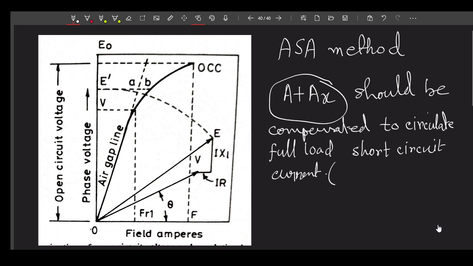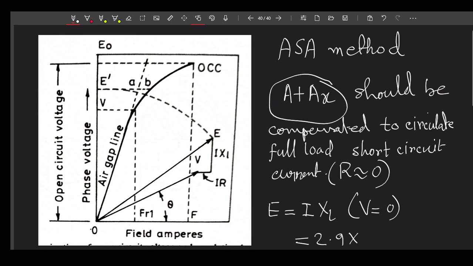So here what we are assuming. So what is the value of E during short circuit? This is the scenario. So what it will become 2.9 into, 2.9 is the XL.